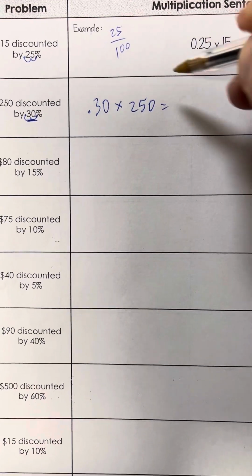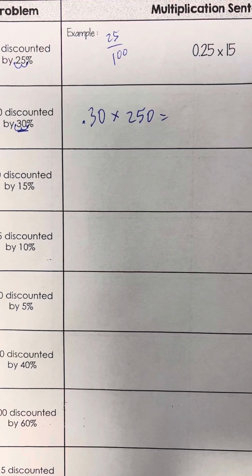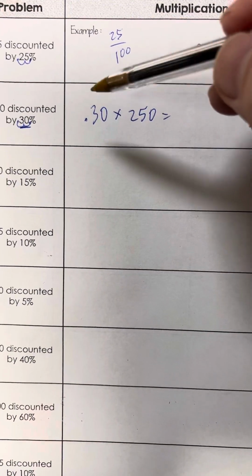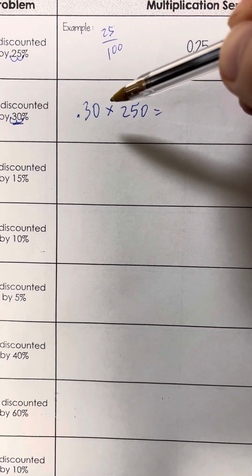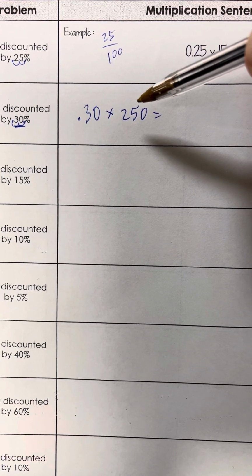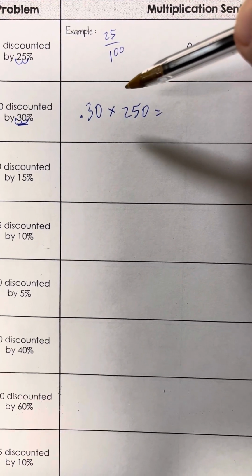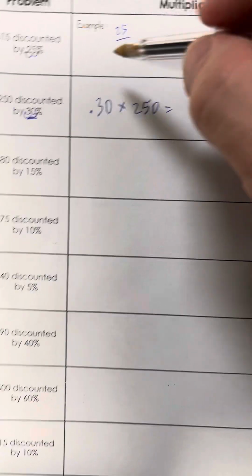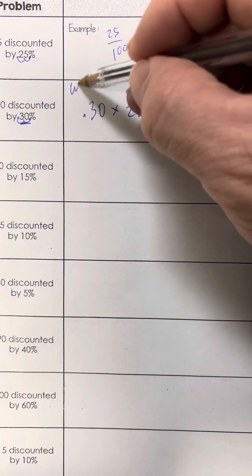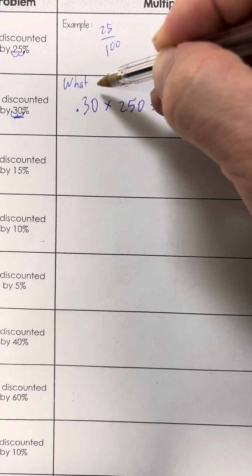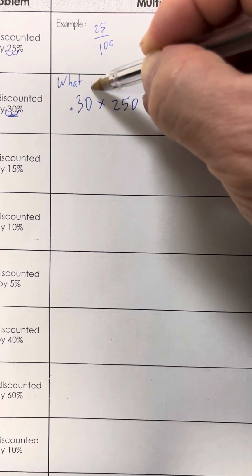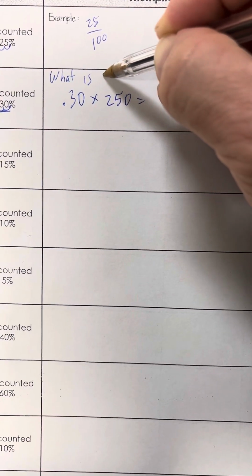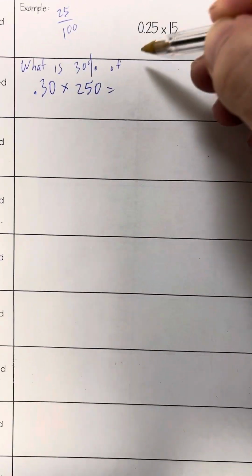And when we do this, we're answering the question, what is 30% of 250? What is 30% of 250? And what I want you to understand is, so I'm going to write our question out. What is, and this is what we're actually figuring out. What is 30% of 250?